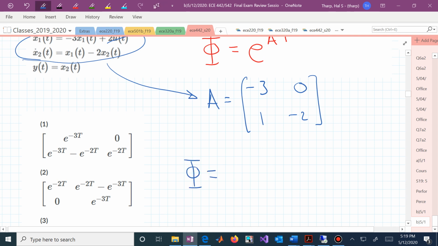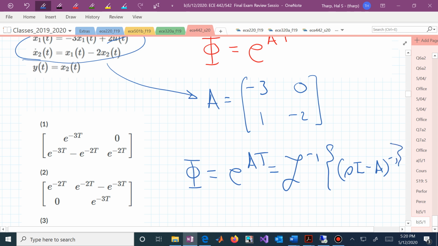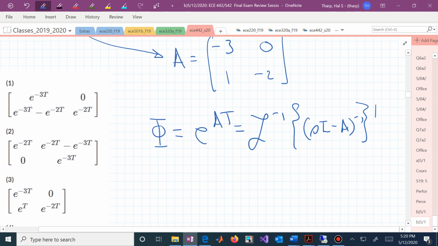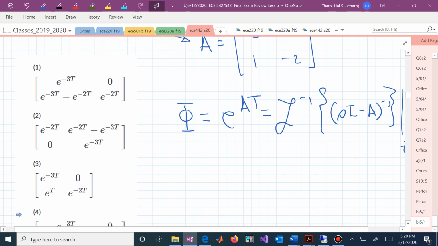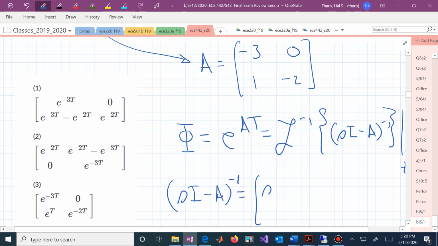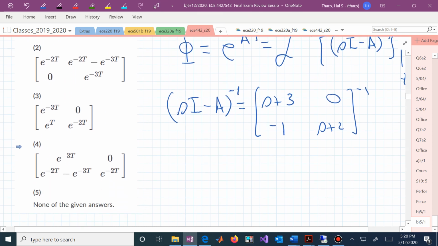But now we know that phi is e to the At, which is in fact the inverse Laplace transform of sI minus A inverse with little t replaced with capital T. In this case, this matrix sI minus A has s plus 3, minus 1, nothing, and s plus 2, and we want to invert that.